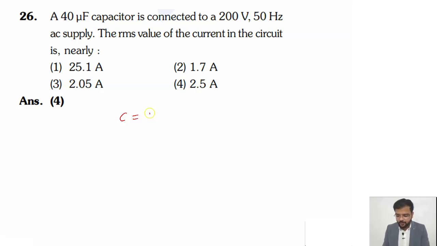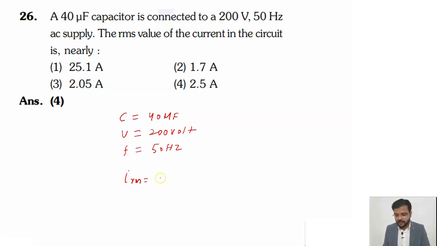What is the value? 40 microfarad, correct? The voltage is given, 200 volt, correct? And frequency is also given, 50 Hz. All these things are given. And what is he asking? IRMS value.